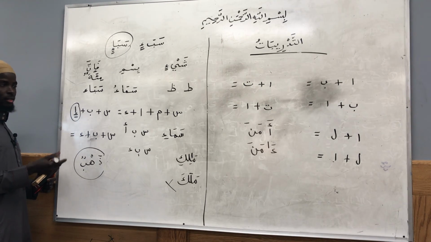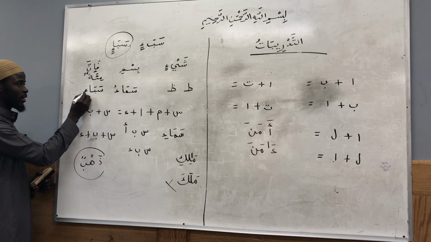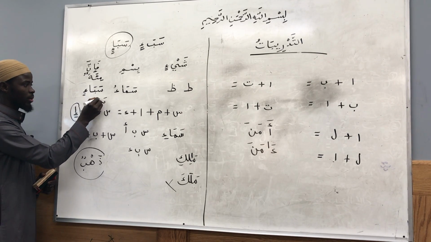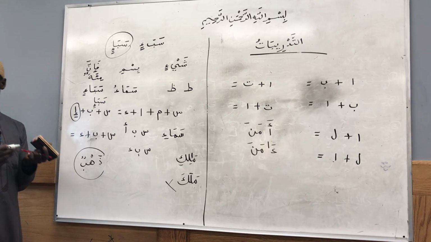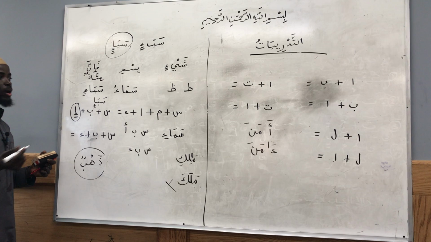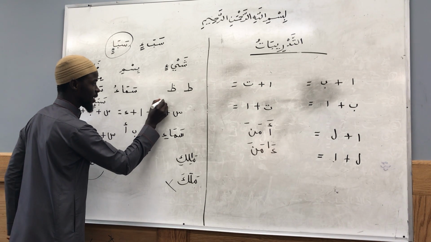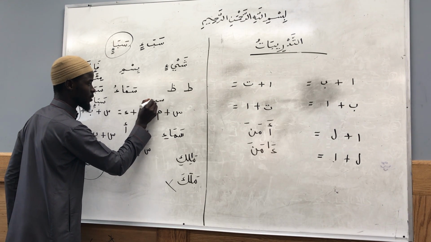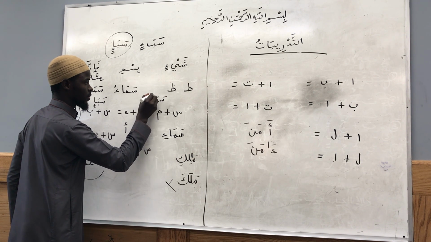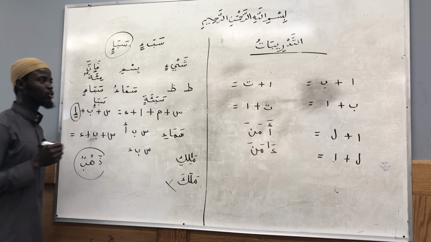You understand it? So this one will be Saba'in, and this one will be Saba'in. You understand? And then if I want to say Sa, Ba, how are you going to read this?